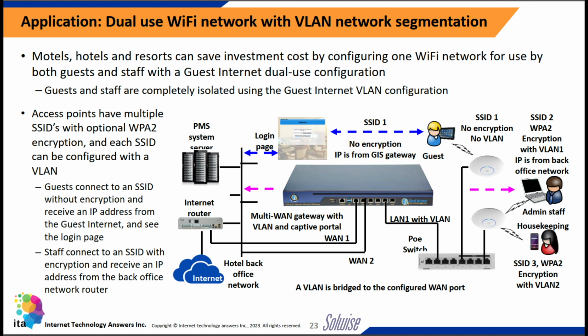On the other hand, staff pass through the gateway to the back office network and are able to access applications on the back office network for housekeeping or other types of applications. So this saves hotels a lot of money, and not many hotels are aware. And if anyone on the call here provides services for hotels, you can provide them with this type of solution, which will save them a lot of money.